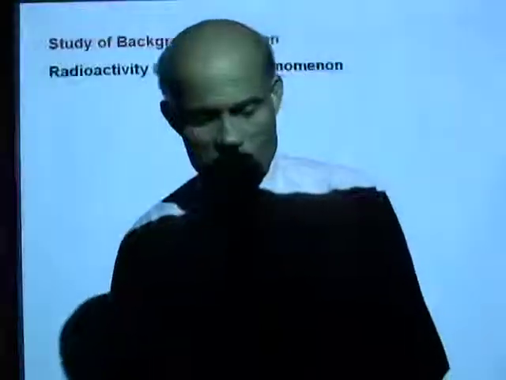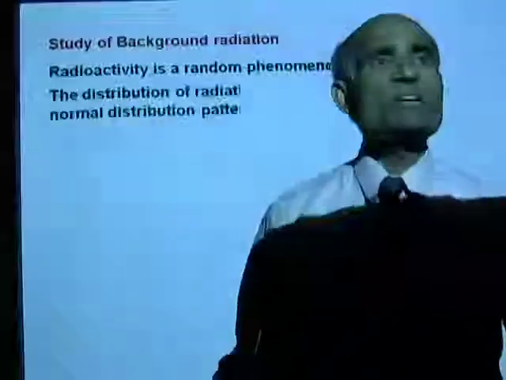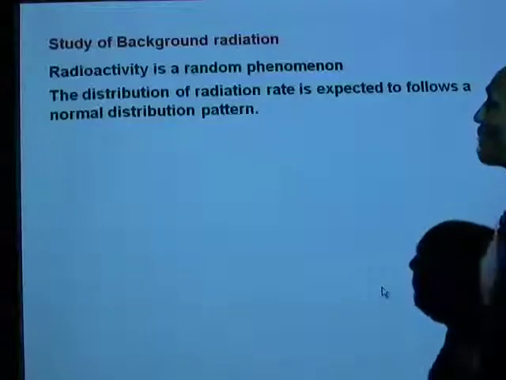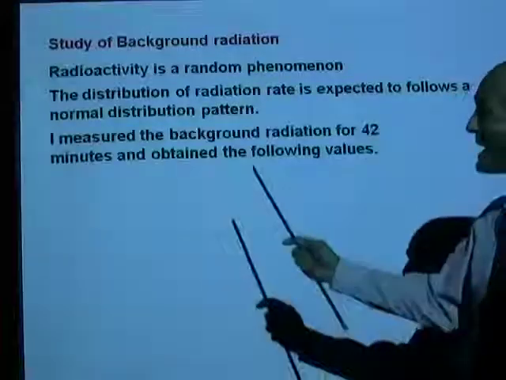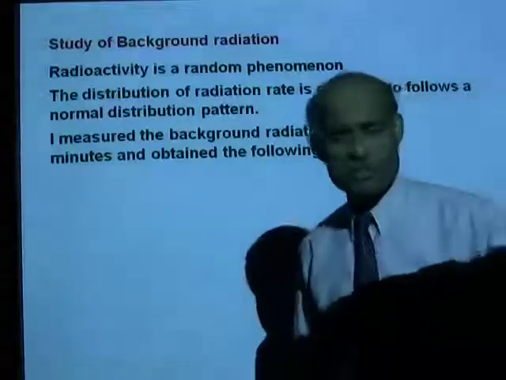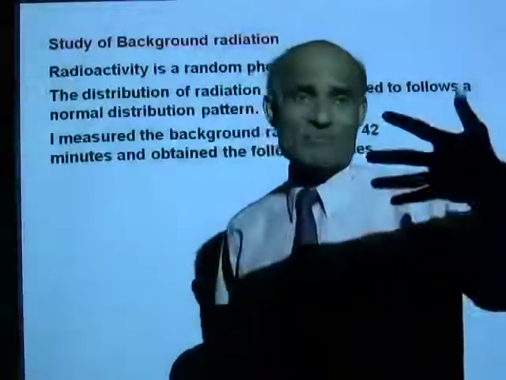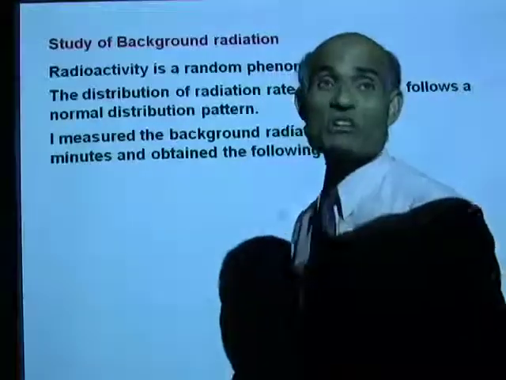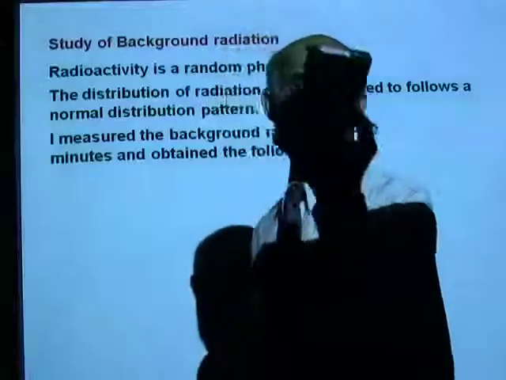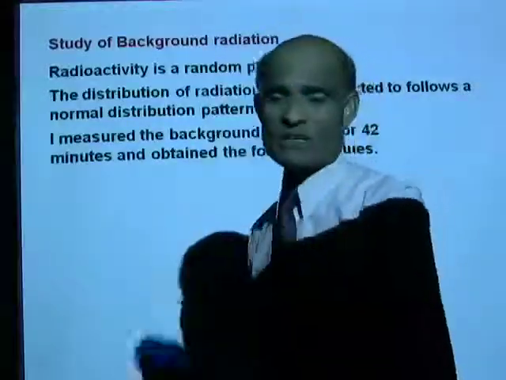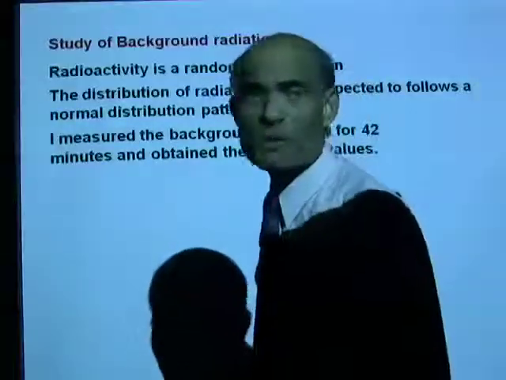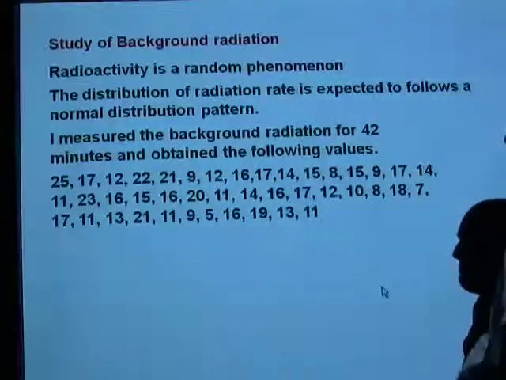Now, I measured the background radiation. The distribution of radiation rate is expected to follow a normal distribution. So what I did is, I measured the background radiation for 42 minutes. Since I cannot make a video as long as that, I used this handheld instrument to measure the radiations. I measured for each minute, for 42 minutes, and this is the result.